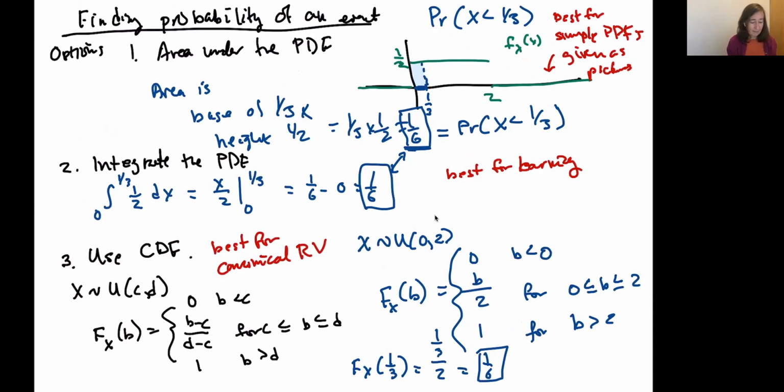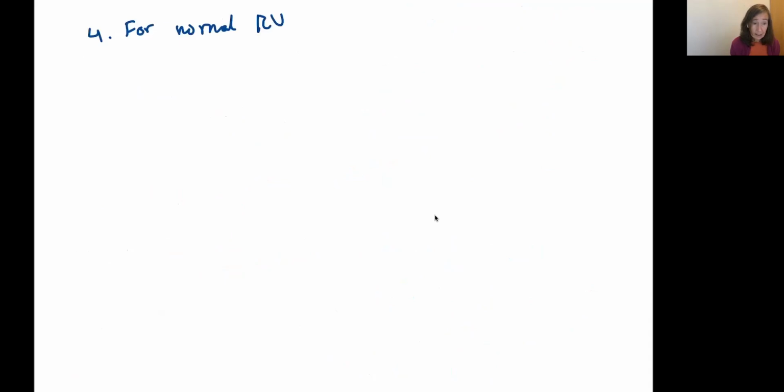For the normal random variable, do not try to find the area under the PDF. Please do not try to integrate the PDF. The way you use the CDF doesn't look like this process, but the way that you are using it is what we did in lesson 7B.